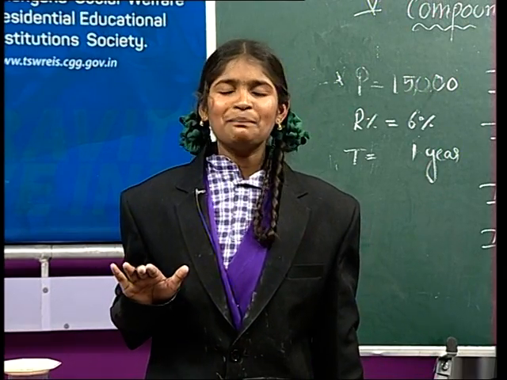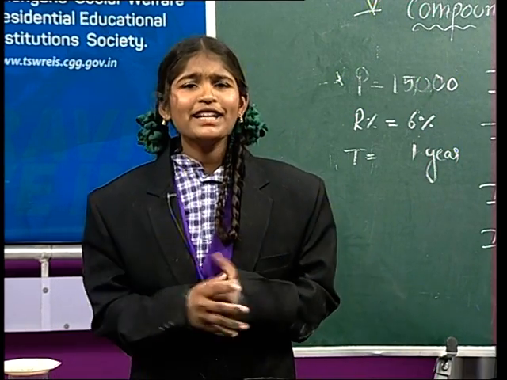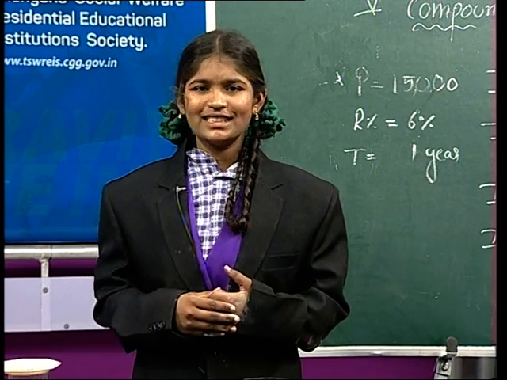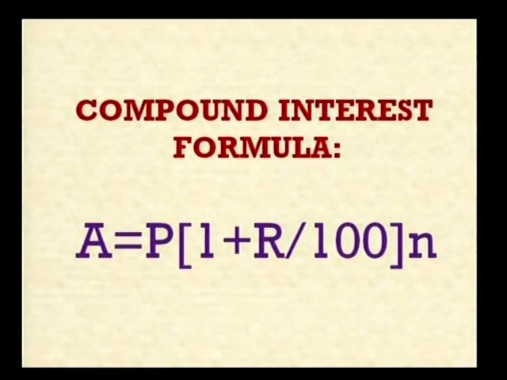For centuries, we see fewer people in India, but in 2015, 14, 13, we see a lot of people in India. It's correct. And the next one, compound interest formula: amount equals principal times (1 plus r by 100) whole power n.